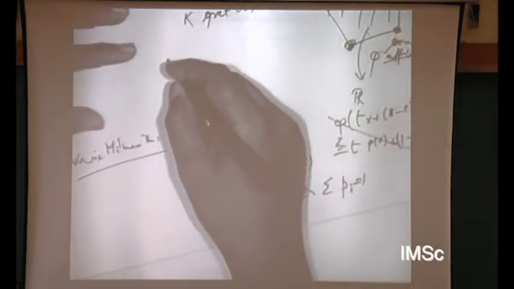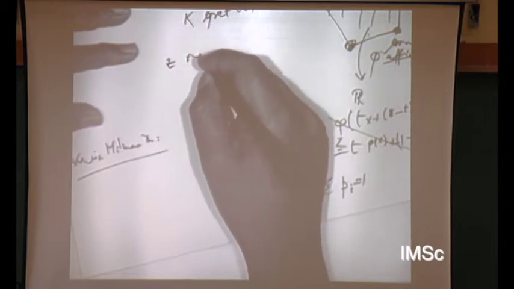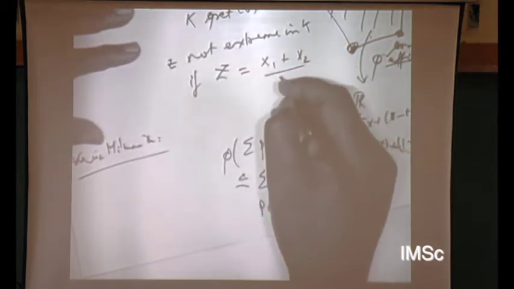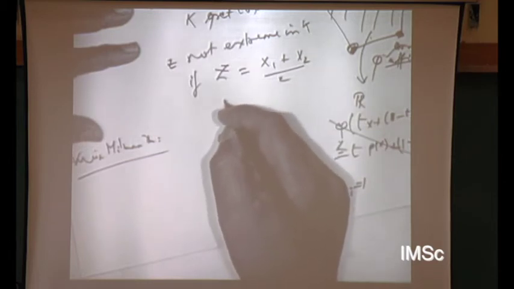We'll say that Z is extreme or not extreme if you can write Z as, let's say, an average of two things, with Z not equal to X and Y.